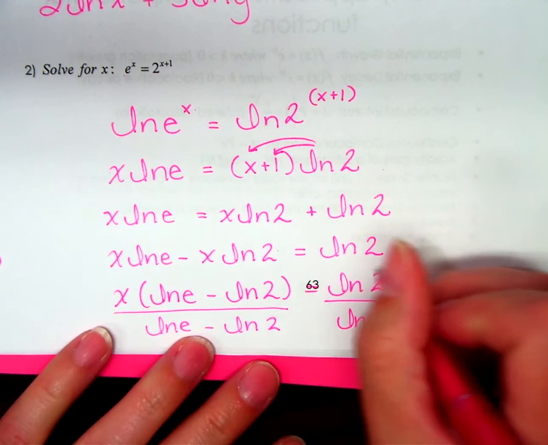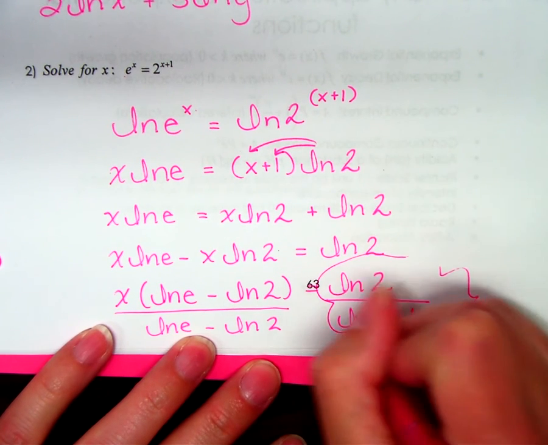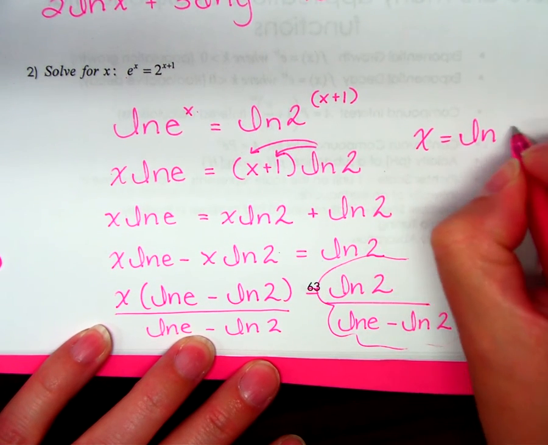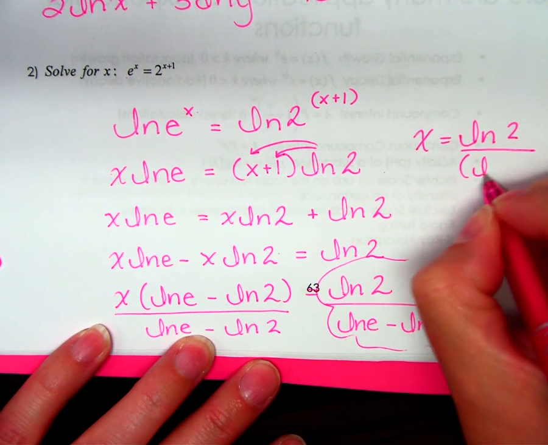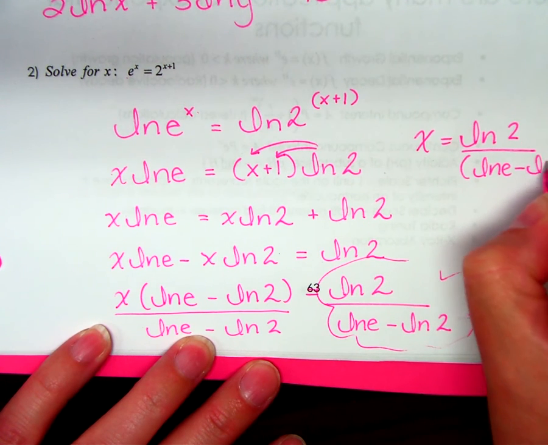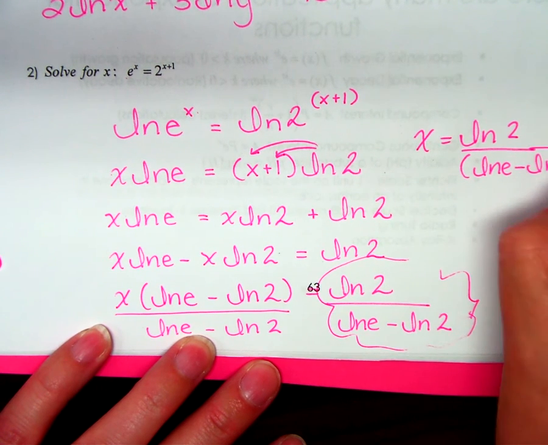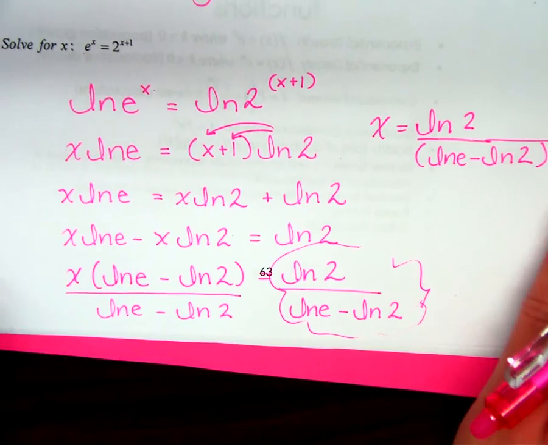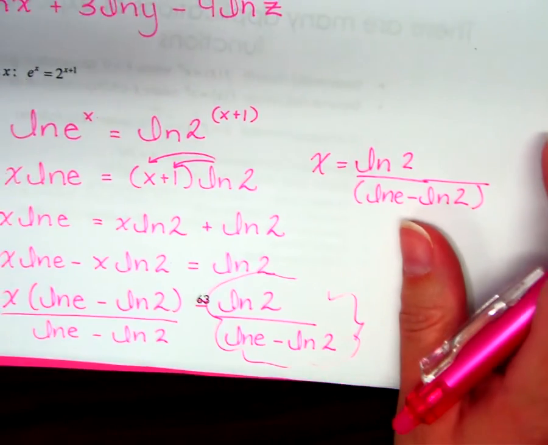So now you're going to do this side in your calculator. So x is equal to ln 2 divided by (ln e minus ln 2). So those are arguments. I've got no bases stated anywhere on here because they're all base e.